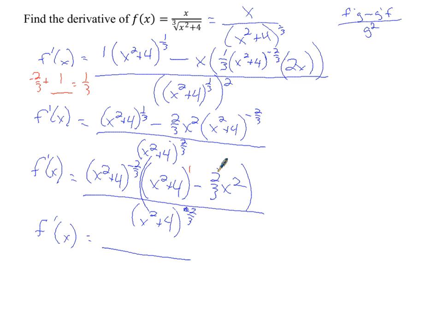That's a positive 1/3 times x squared plus 4. All over the x squared plus 4 to the 2/3, that's this one, times x squared plus 4 to the 2/3.